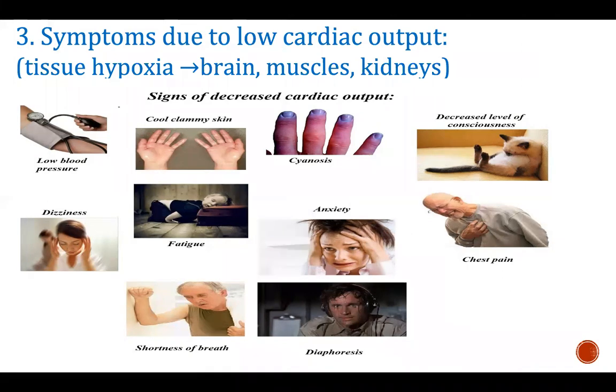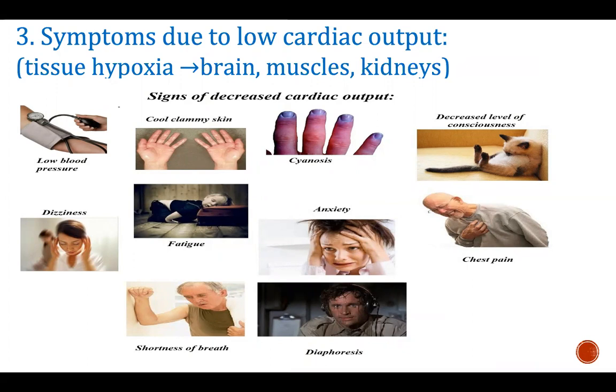One of the other important things, being in cardiology, I would really expect we all to know, is that a lot of times there can be signs or symptoms due to low cardiac output. What will be happening is, due to tissue hypoxia, it is going to indirectly affect various organs. What are those organs?